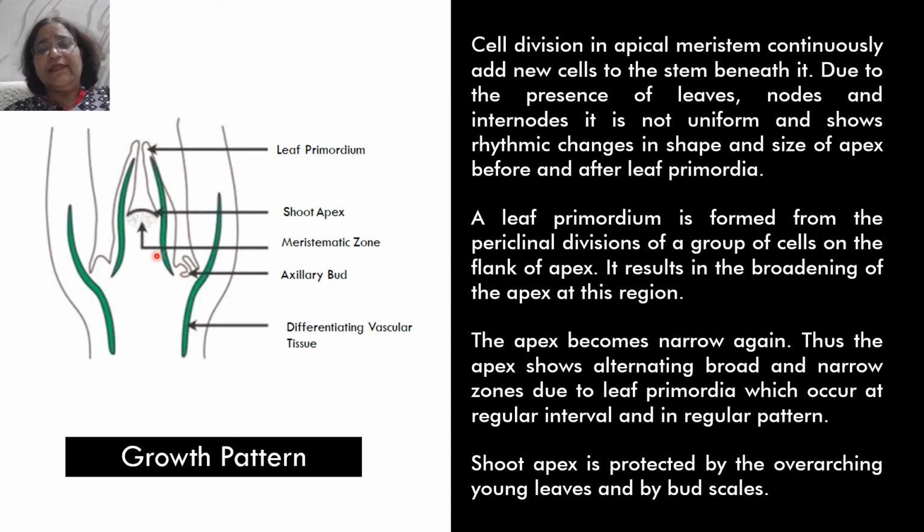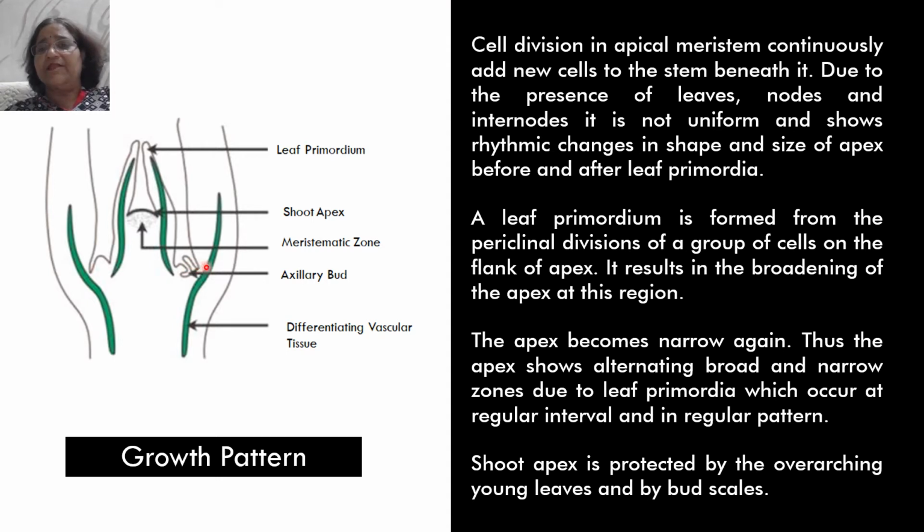narrow. And this is because the cells of the apical meristem give rise to the meristematic cells. Continuously they add new cells, but it is not uniform. A leaf primordia is formed. How is it formed? The meristematic cells are again produced, and in the peripheral regions the periclinal divisions take place, and due to the periclinal divisions, the size increases.